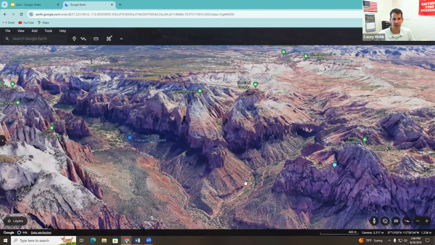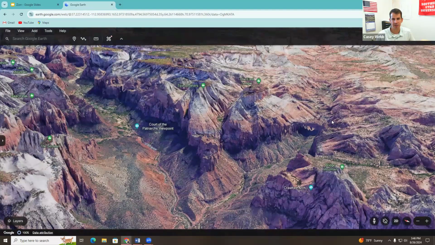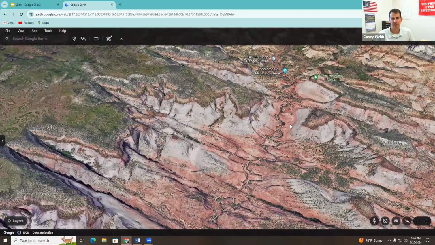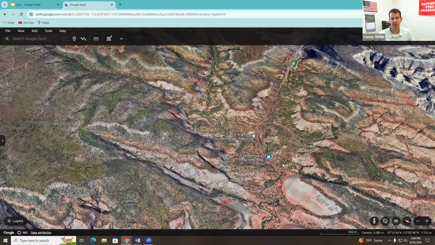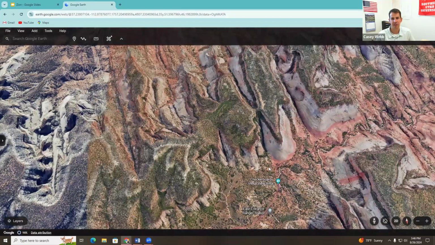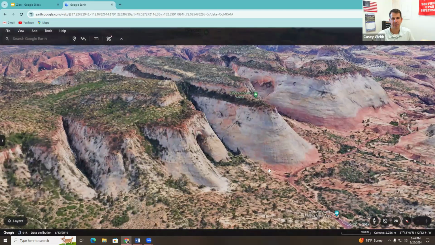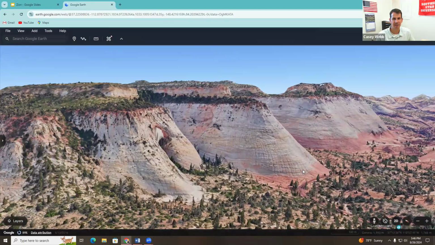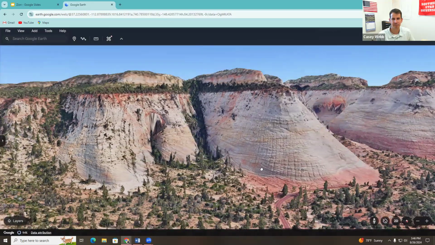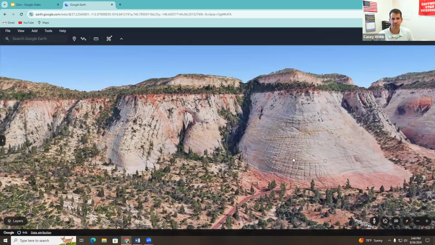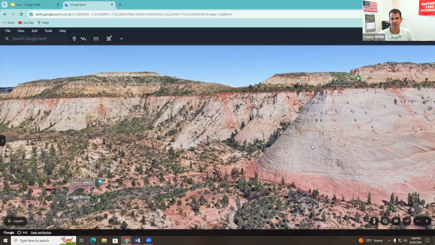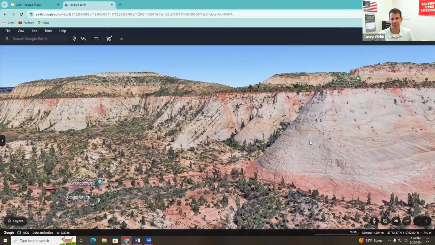Zion has a couple of forks. If we go up the east fork of Zion, we'll get to this very popular geologic feature that's called Checkerboard Mesa. I want you to think about why it might have that name. As we examine this feature, hopefully you can see a crisscross pattern in it.